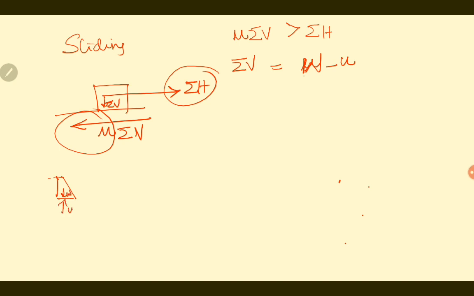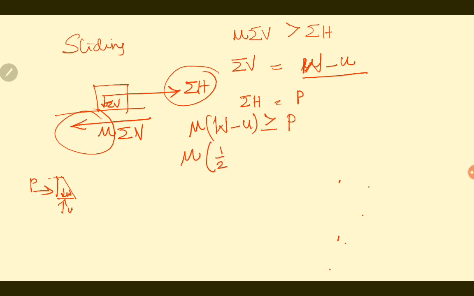So in that case, sigma v is equal to W minus U. What is sigma h here? Sigma h is the hydrostatic force P. So you can write the equation as W minus U into mu is greater than or equal to P. In that case, the dam is going to be safe in sliding. So what is the value of W?